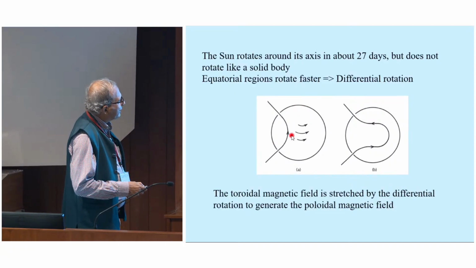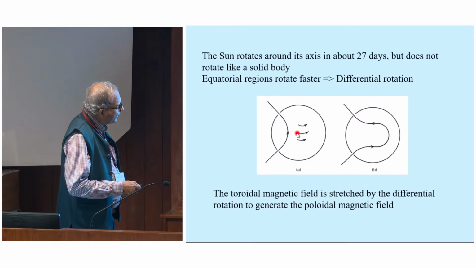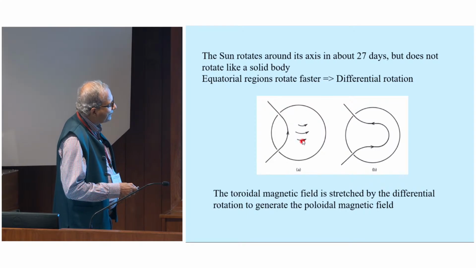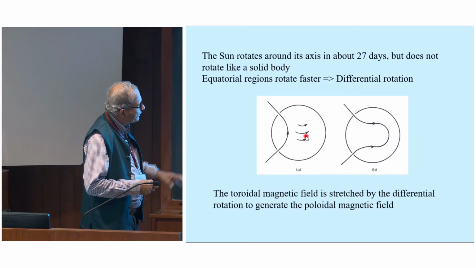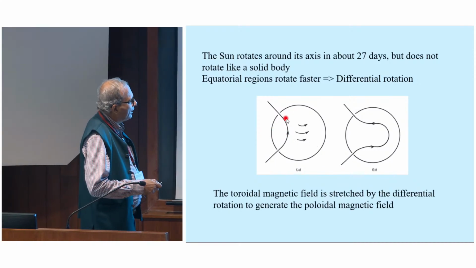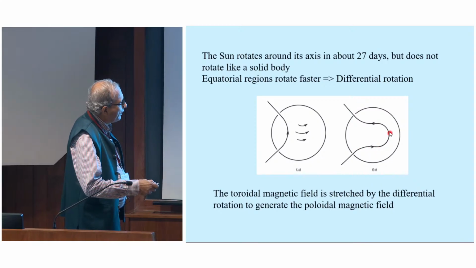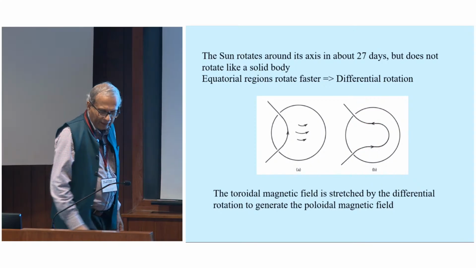Now suppose that there is a poloidal magnetic field in the sun. Because of the higher angular velocity in the equatorial region, the middle part of this field line would be dragged more than the other parts, and after some time the magnetic field looks something like this.